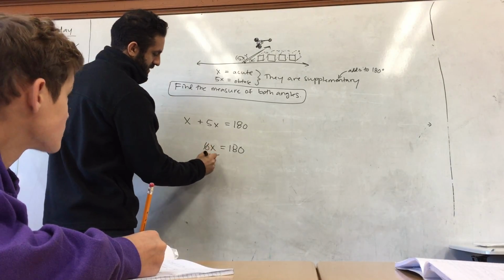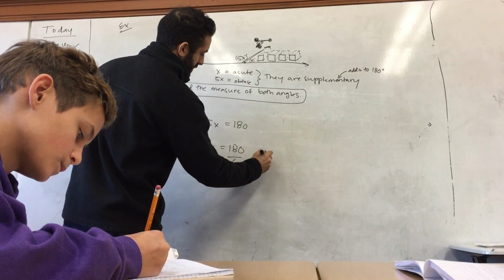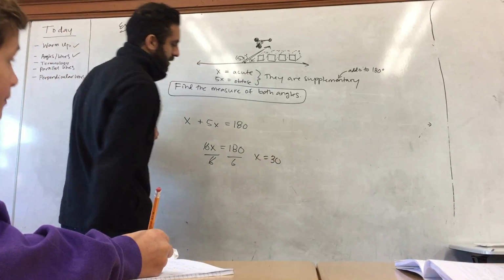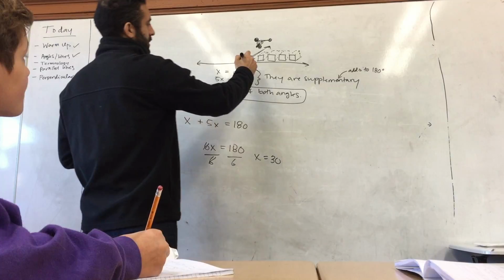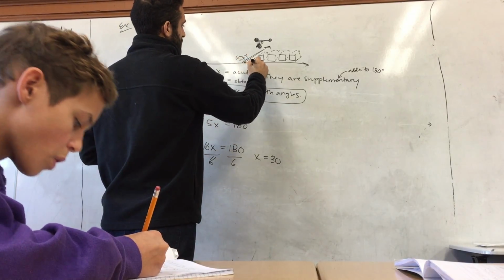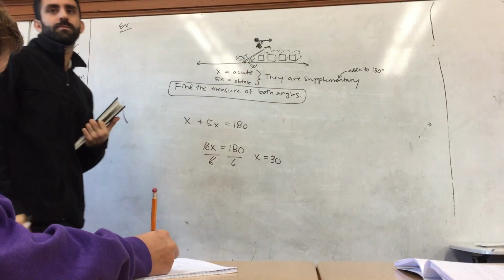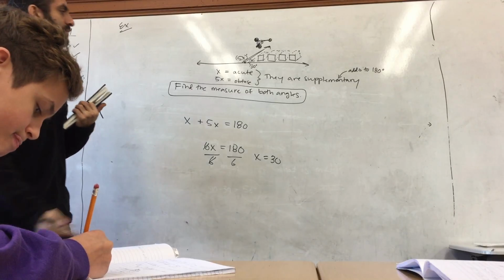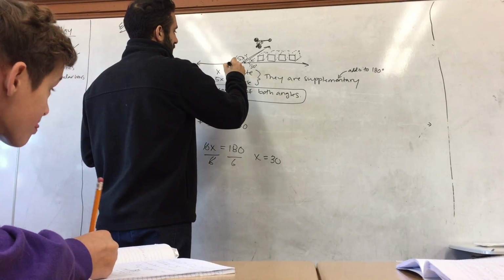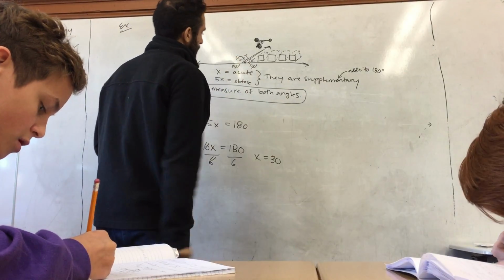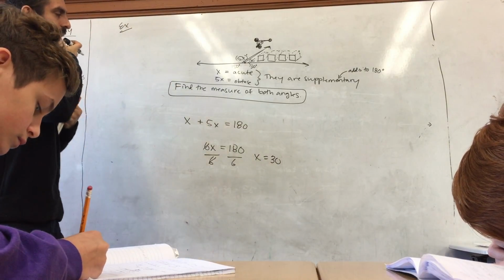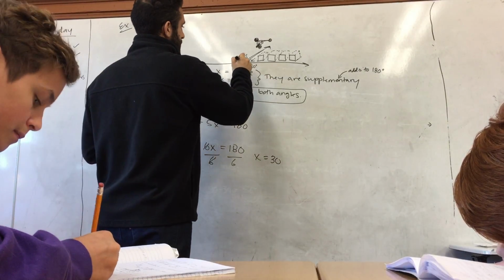Okay, we can divide by 6. Alright, x equals 30. We got that one. So angle number 1 is 30 degrees. What's angle number 2? 150. Alright? Boom. We found the angles.